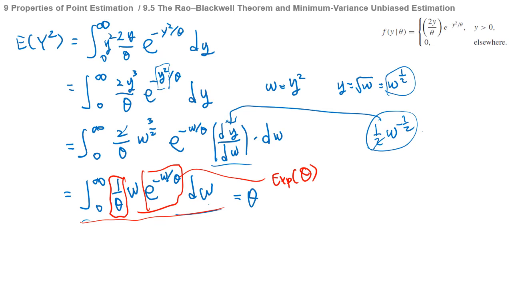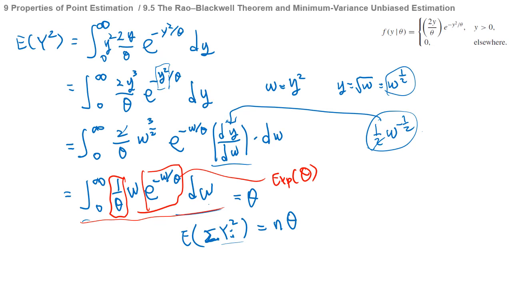Then what is it? Our sufficient statistic is the sum of yi square, and we know that the expected value of this thing is n theta. So this is n number of yi squares, and the yi's are independent.